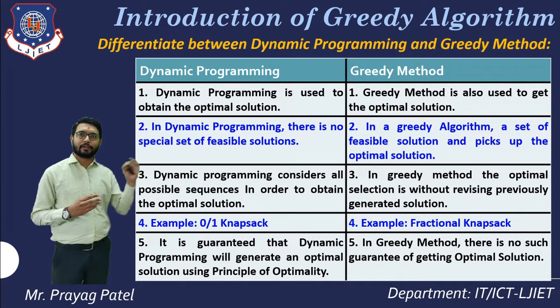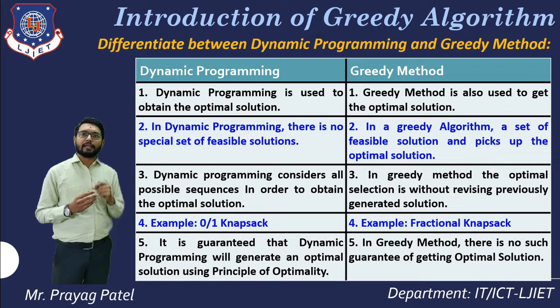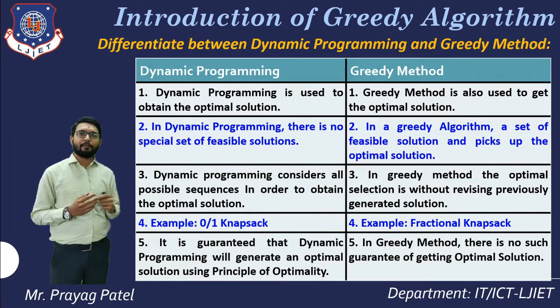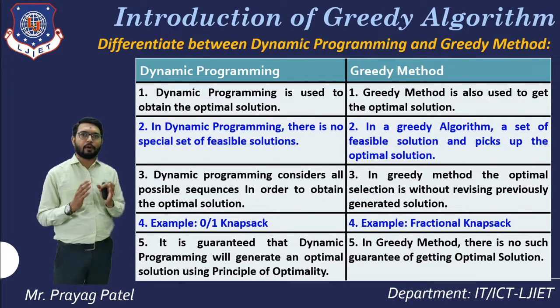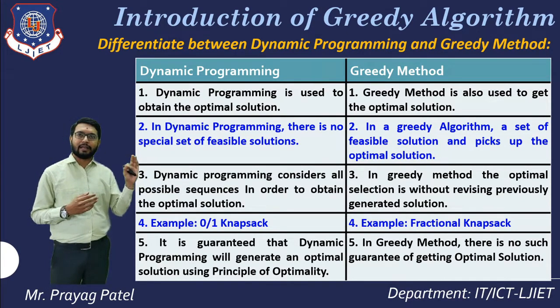So the first point is finding the optimal solution. Now the second point: in dynamic programming there is no special set of feasible solutions, but in the greedy method there is a set of feasible solutions, and out of all the feasible solutions we select the best solution, meaning the optimal solution. So here consider the set of feasible solutions in the greedy method.